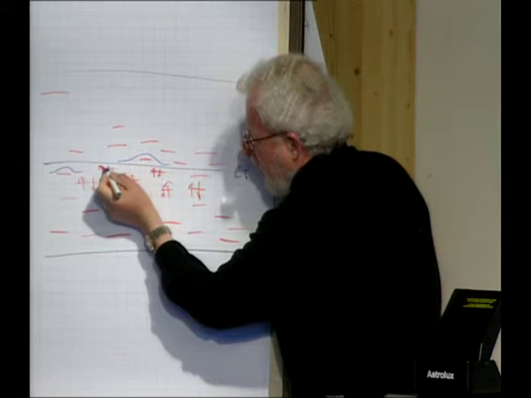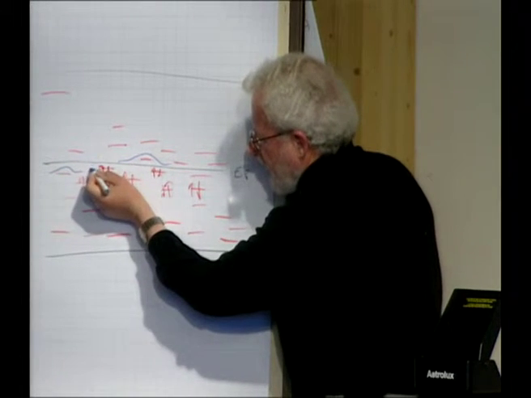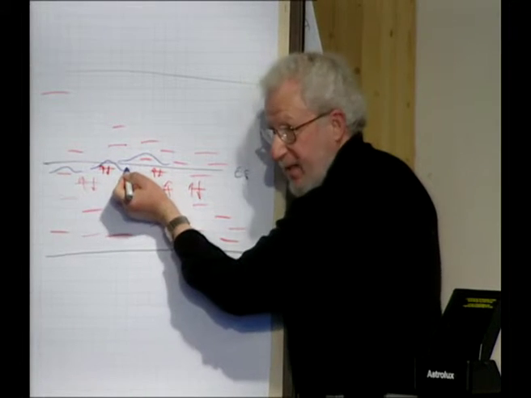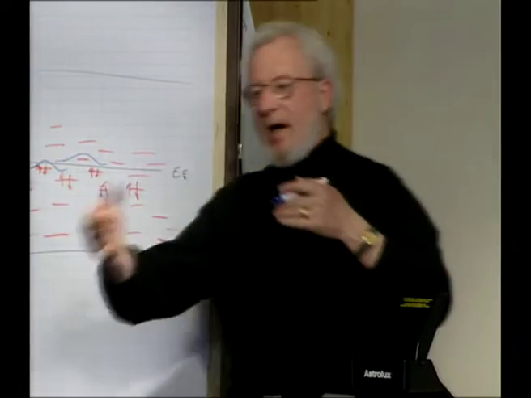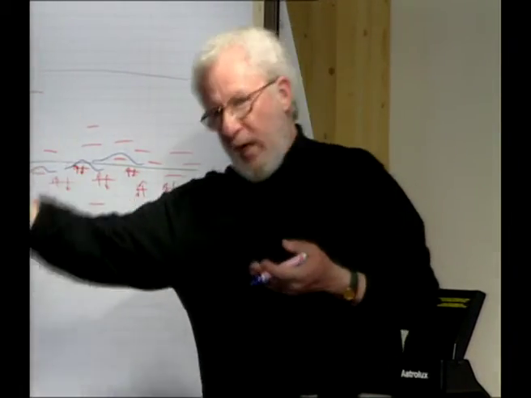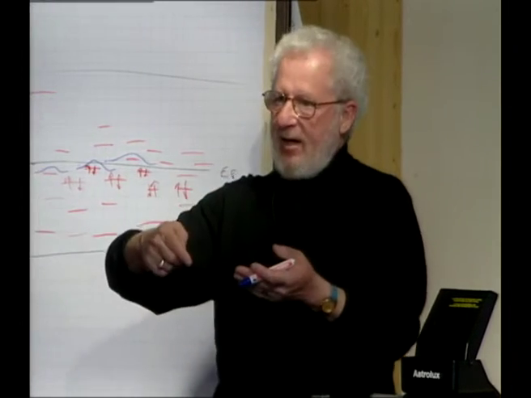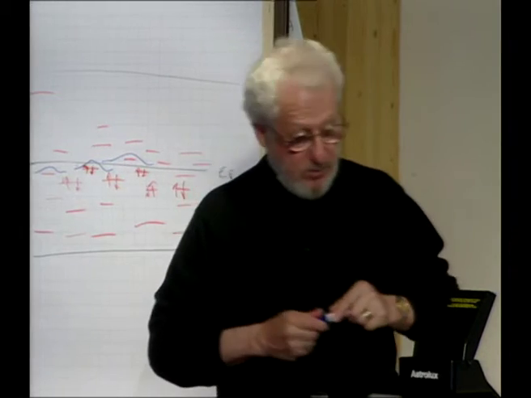So in order to go from here to here, you have to have an overlap of the wave functions, and this is now going to be exponentially small. So you have this compromise. Thermal activation is easier if you go far away, but to get there, you've got to have overlap of the wave functions, and that means the probability is smaller.